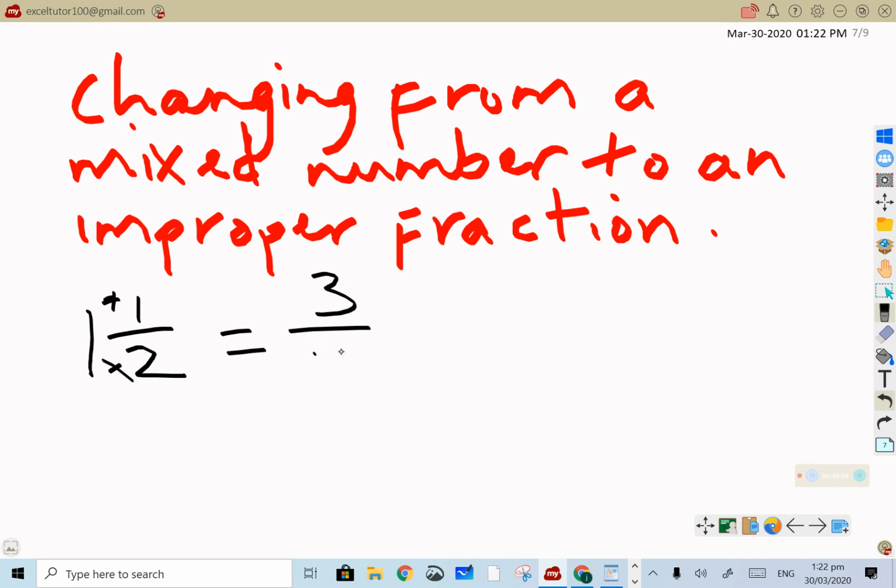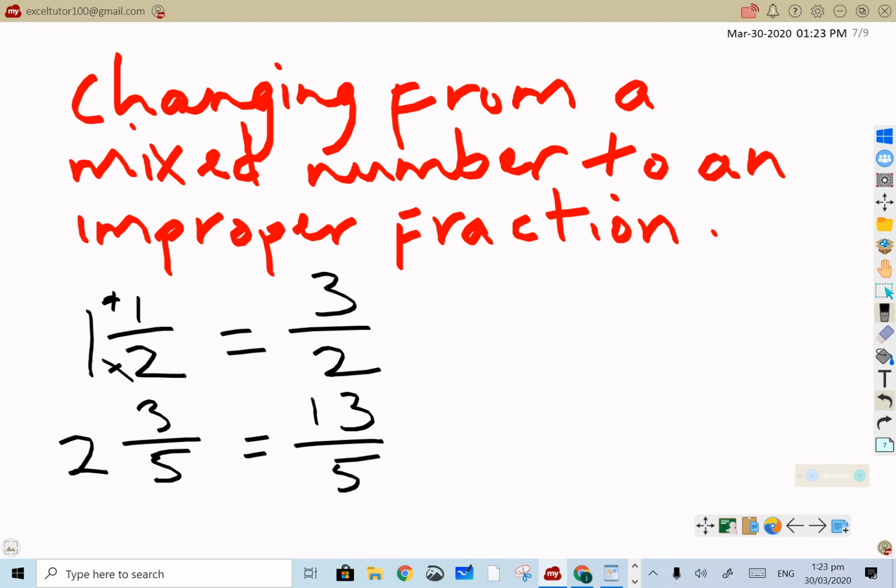So our answer will be 3 over 2. If we have another one, 2 by 5 is 10 and 3 is 13. So our answer will be 13 over 5.